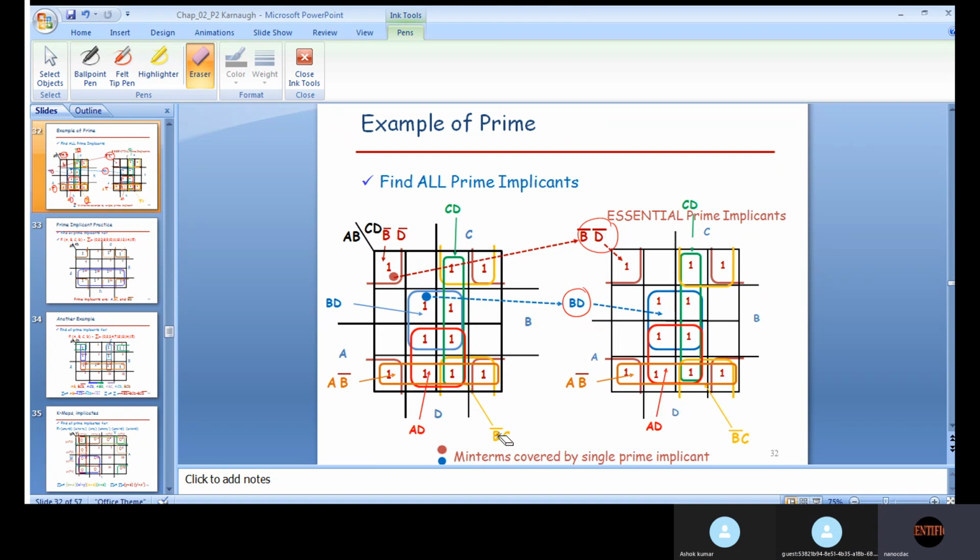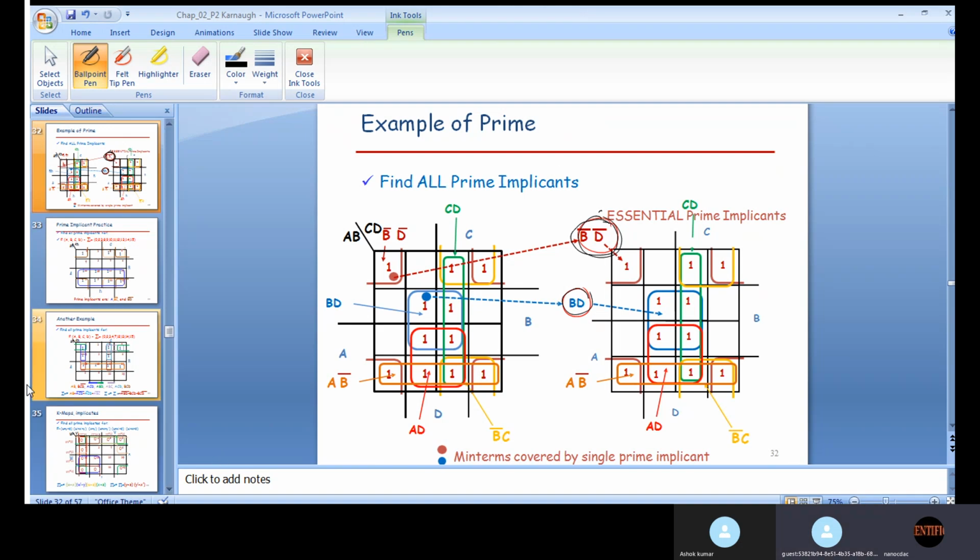See: AB, AD, BC, CD, B bar D bar, BD. In each and every prime implicant, I repeat once again, you just remember, we can see either B or D, or B bar, D bar, BD. So these are the essential prime implicants.